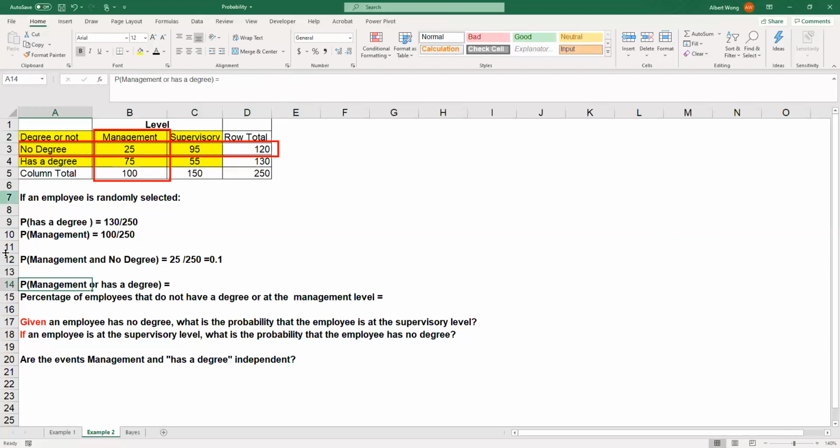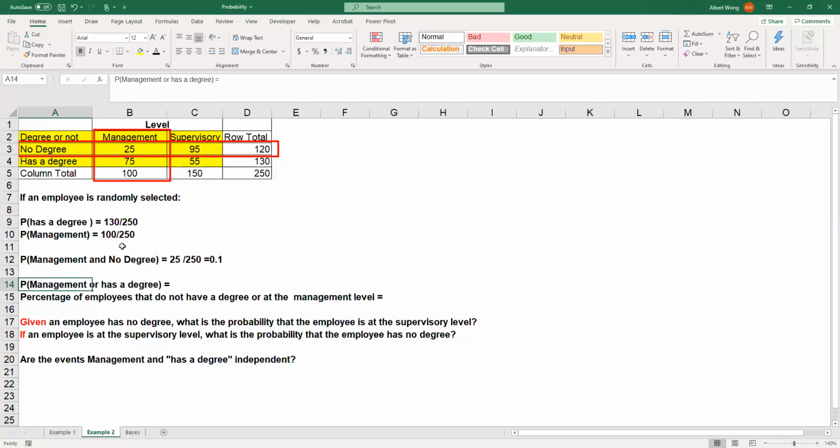On the other hand, we can also use the same data to calculate the probability of A or B. So for example, if an employee is randomly selected, what is the probability that the employee is at the management level or has a degree? So how do we do that?